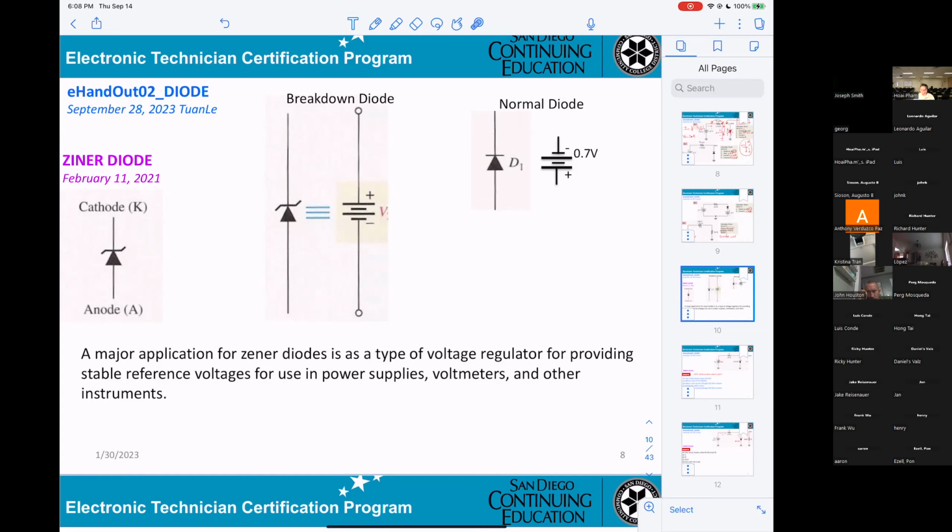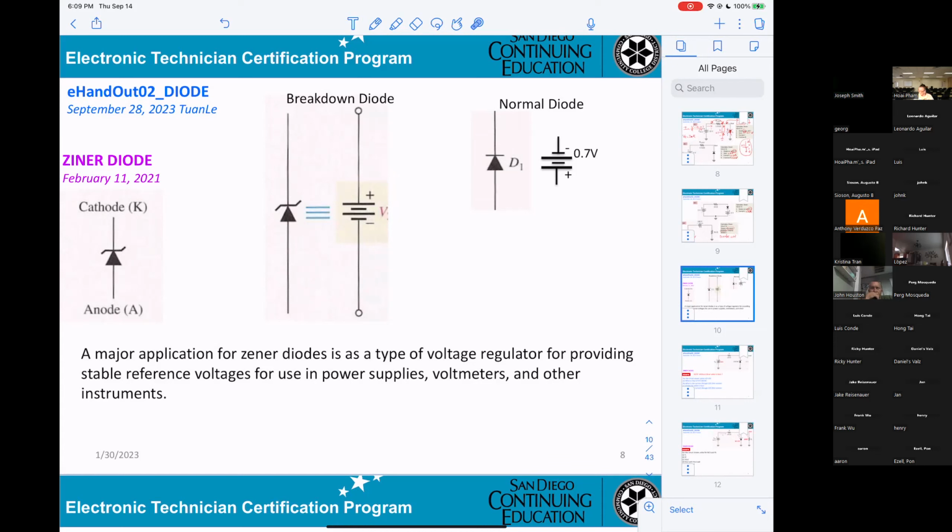So you look at the symbol to recognize it as a Zener. The next thing you have to know is whether the Zener is in breakdown or not. If it breaks down, the Zener is substituted by a battery with the breakdown voltage. Okay?